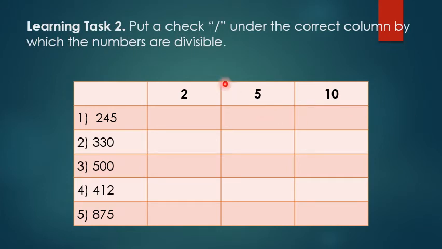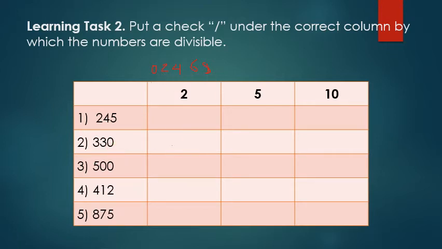Okay, so let us review muna yung divisibility rules by 2, 5, and 10. Kapag 2, dapat nagtatapos sa 0, 2, 4, 6, 8. Alin po dyan mga nagtatapos sa 0, 2, 4, 6, 8? Isa-isahin natin. 245 nagtatapos sa 5, nandito po ba siya? Wala. 330, nagtatapos sa 0, nandito po ba siya?